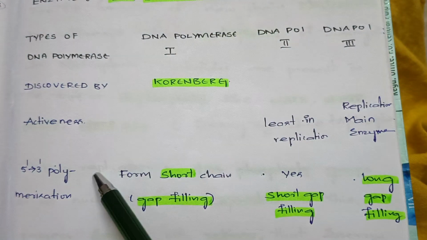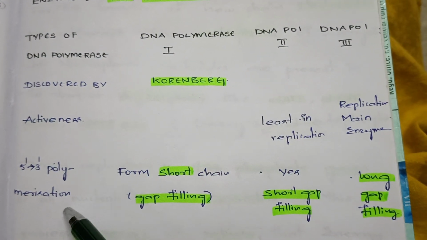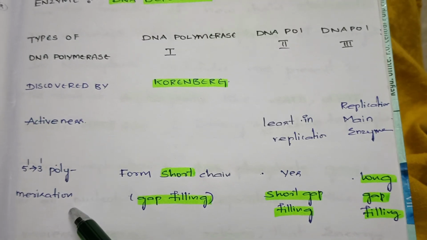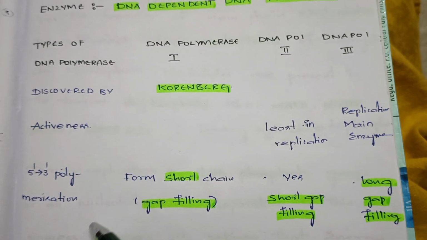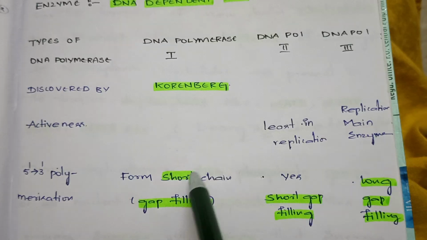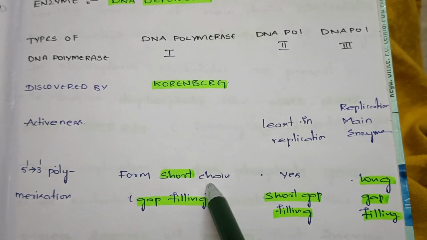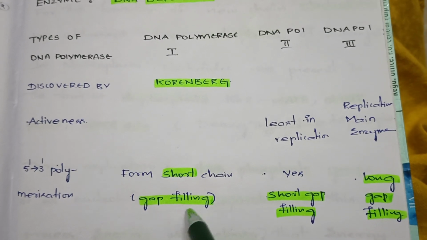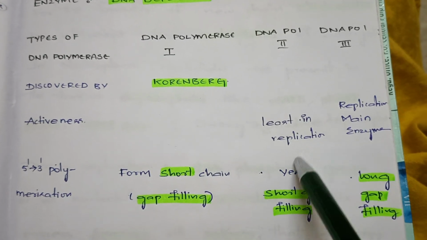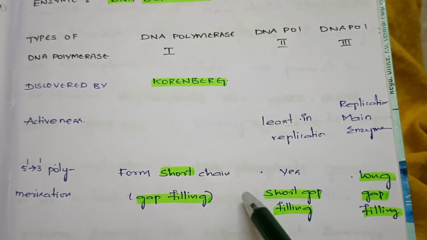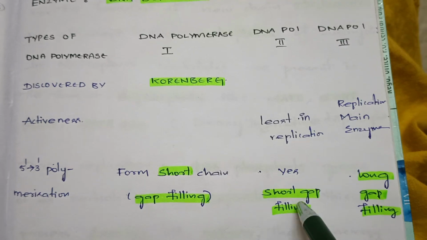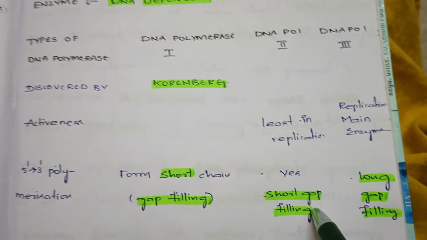5' to 3' polymerization means adding of nucleotides. This happens in polymerase 1 in a very short chain, and that is gap filling work. In polymerase 2, polymerization also happens, but it is short gap filling.